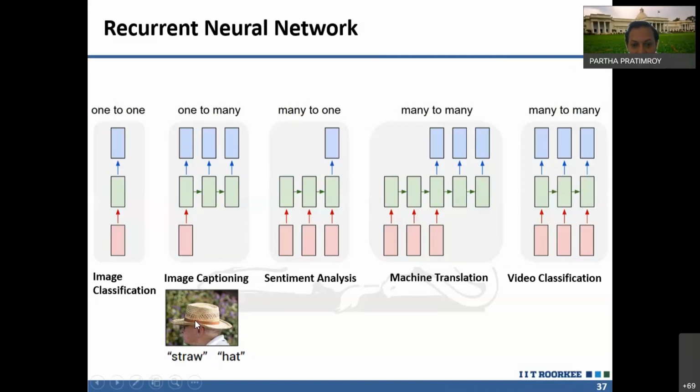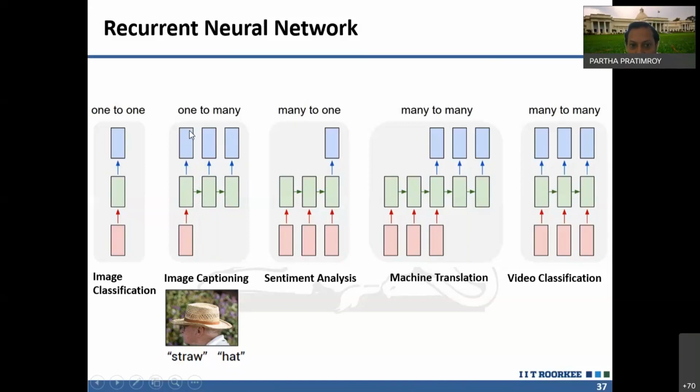For example, it's a straw hat. So we have to find out these different words. From this image, the input is an image, and using some CNN we extract some features. These features are fed into this RNN, and then we use this multi-layer perceptron, this RNN layer.